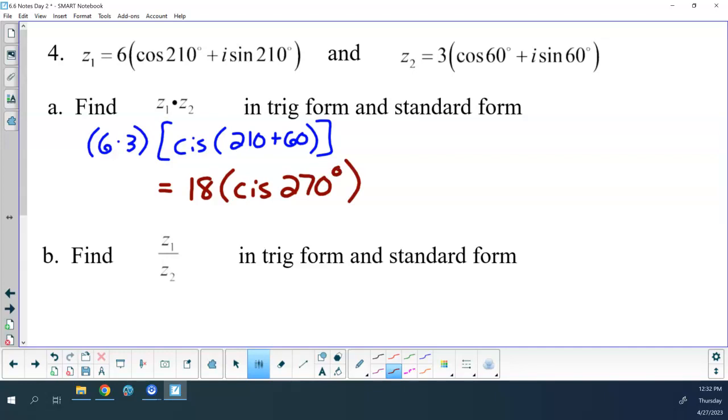In standard form, the cosine at 270 is 0. The sine at 270 is negative 1. So that would be the standard form of the complex number.